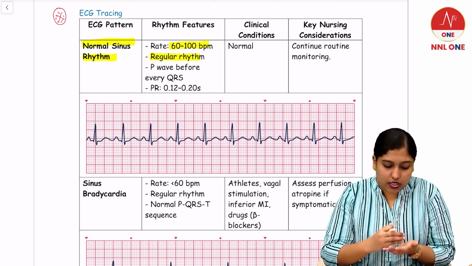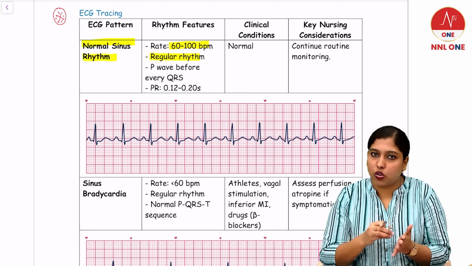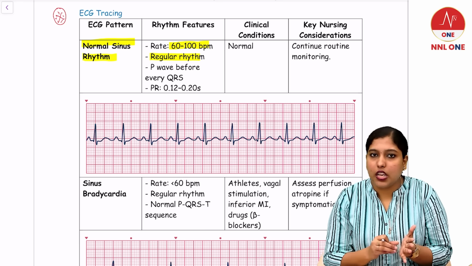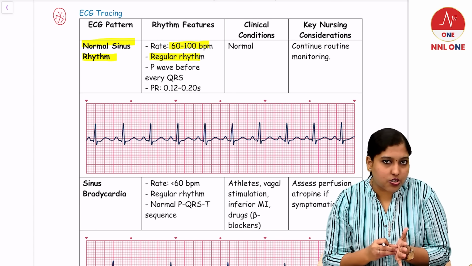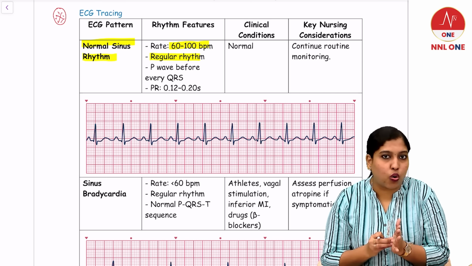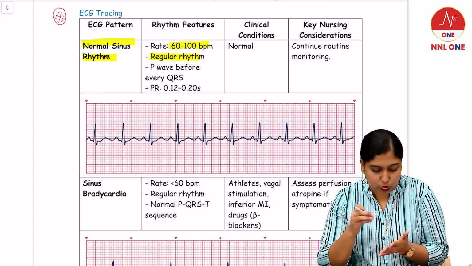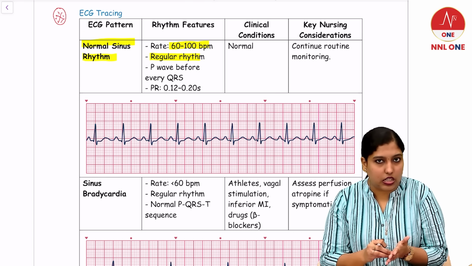For example, the electrical conduction system starts from the SA node to the AV node to the bundle of His and to the Purkinje fibers. This is what is recorded in electrocardiography. ECG is monitoring the electrical conduction system of the heart. That is the basic concept which you all know. If this is happening, the proper deflection will be happening in the ECG, which means each and every cardiac cycle will have the P wave, the QRS complex, and the T wave consecutively.